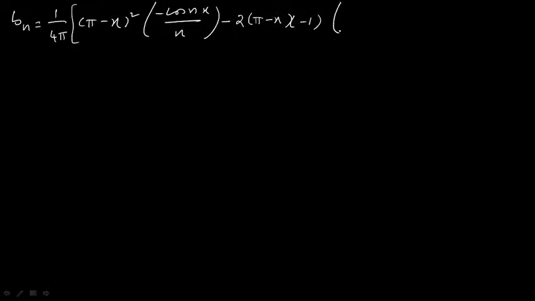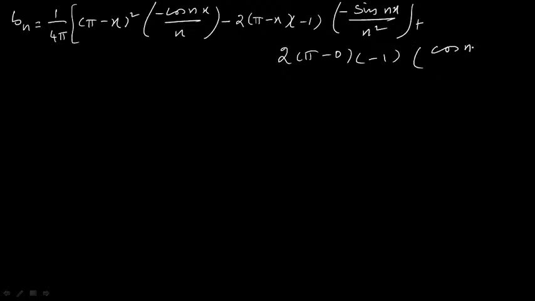What is your u? u is nothing but pi minus x the whole square. v1 is nothing but integrating sin nx, you get minus cos nx divided by n, minus u dash is nothing but twice pi minus x minus 1. v2 is nothing but minus sin nx divided by n square, plus u triple dash twice pi minus 0 minus 1 and minus sin nx becomes plus cos nx, isn't it? So cos nx divided by n cube. Here the limit is from 0 to 2 pi.